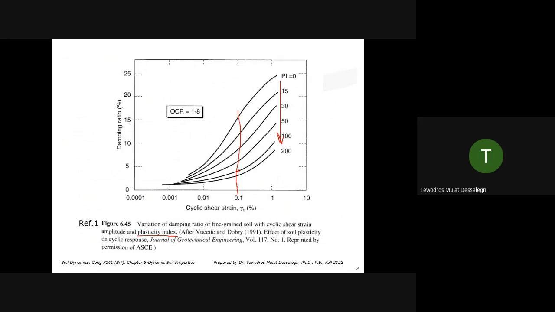What happens to damping? High plasticity index soil has less damping than low plasticity index soil. You see the curve getting lower and lower. One soil type has only one curve. The purpose of having multiple curves is that you can have various types of soils.